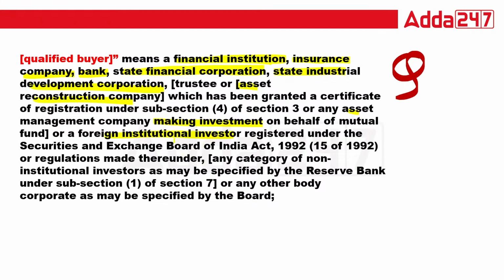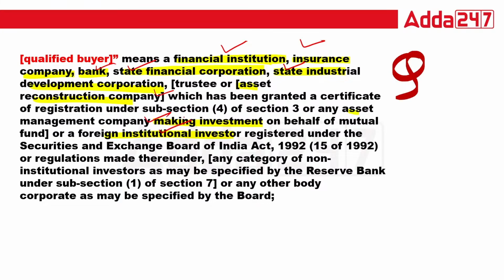So these are the qualified buyers that purchase things from whom? From the ARC company. Okay, so you have to remember these names: 1, 2, 3, 4, 5, then 6, 7, 8.